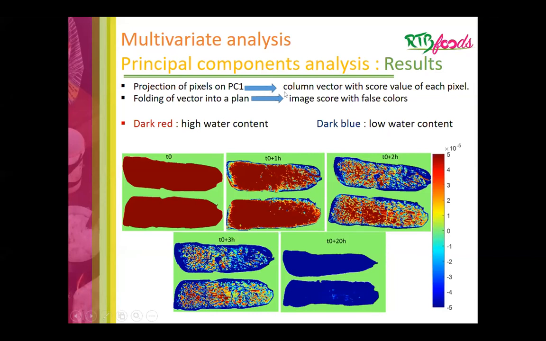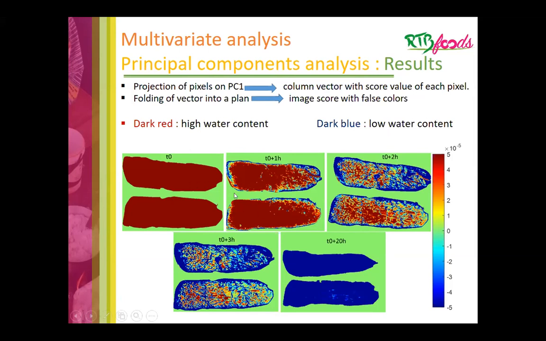We obtain a column vector with the score value of each pixel. This vector is folded into a plane, and this plane is the image score with false color. Here we see the image score in this figure.